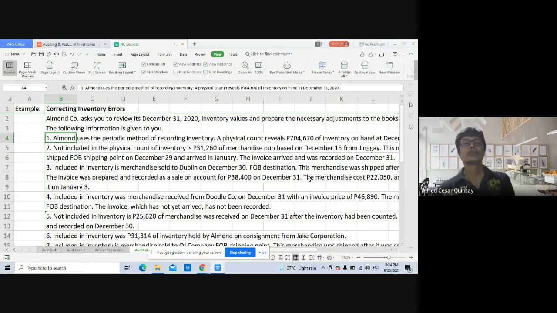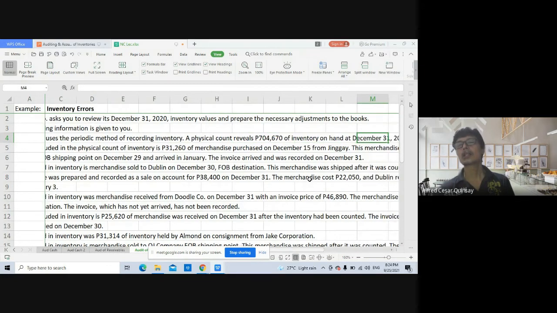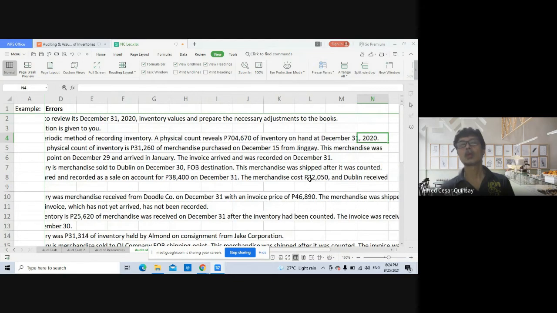Pag sinabing periodic, this is different from perpetual kasi every period lang ina-account yung inventory nila, so hindi siya ganun ka-updated. A physical count reveals 704,670 of inventory at December 31, 2020.